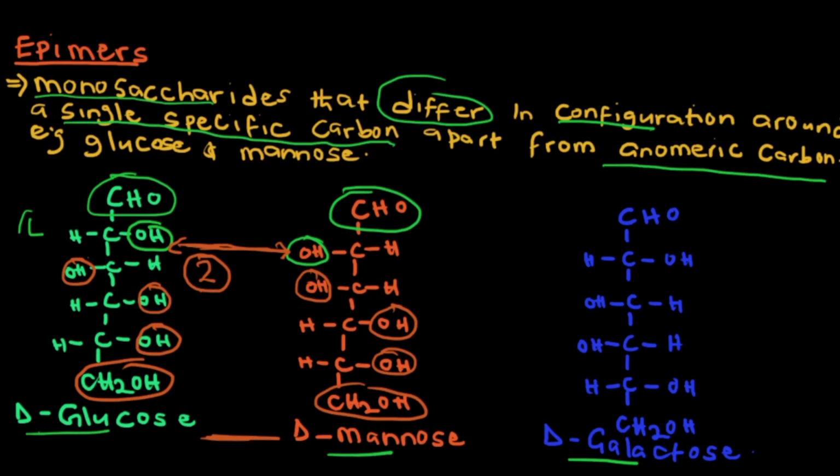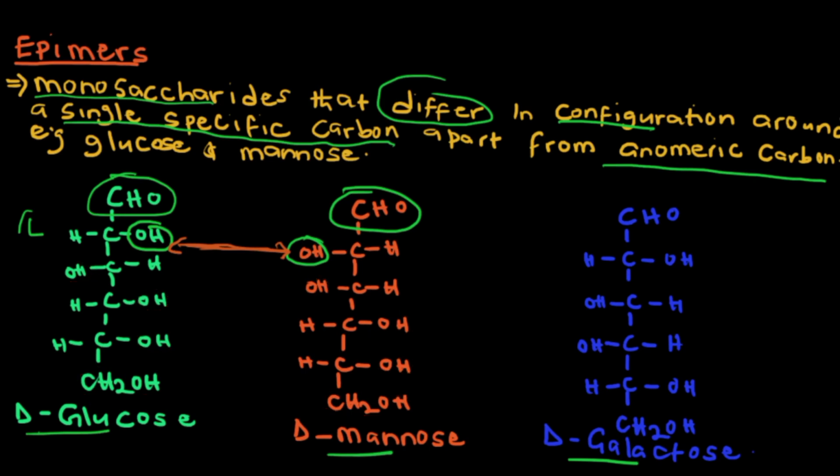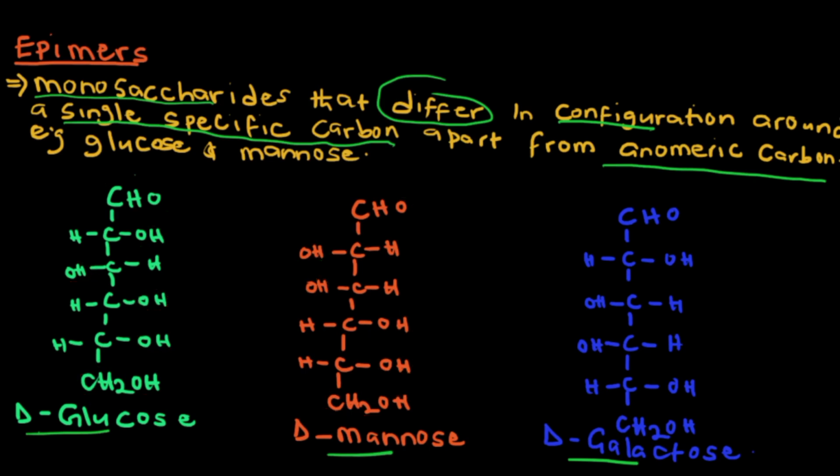So let's take another example between glucose and galactose. Let's have a look. Okay, let's delete this so that we can have a clear view between glucose and galactose. So in the first carbon of glucose, I have this. Galactose, I have this.